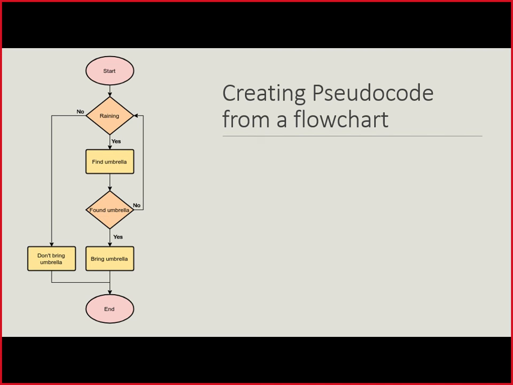Okay, so here we go. I'm going to have a go now myself. Okay, so again in pseudocode, we don't necessarily need to say start or whatever. So we're going to put if raining equals 2, yes, then we're going to do all of this. So we're going to say find umbrella.